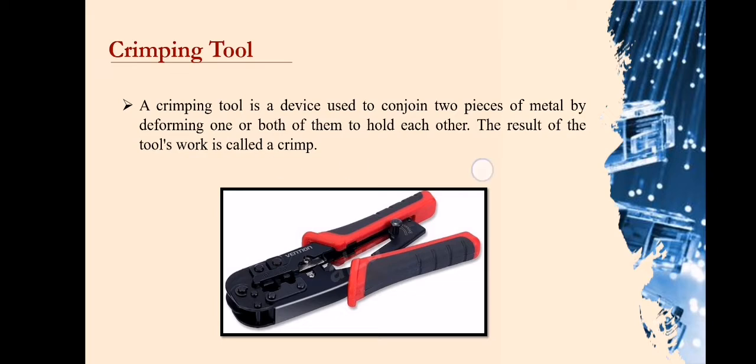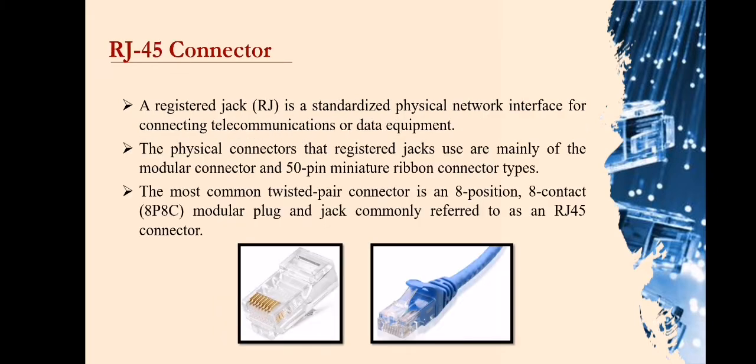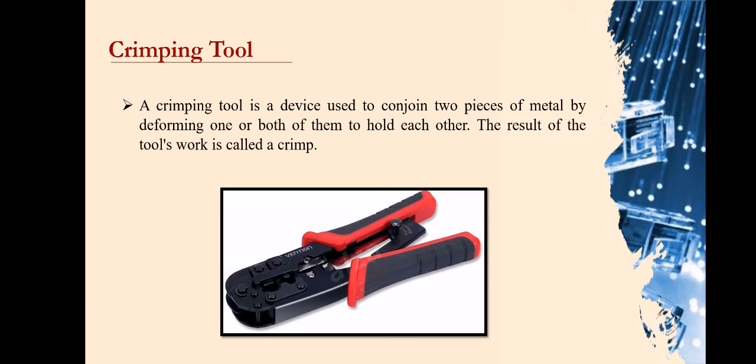Now, in order for you to connect the UTP cable or the STP cable to an RJ45 connector, you will be using a crimping tool. A crimping tool is a device used to conjoin two pieces of metal by deforming one or both of them to hold each other.